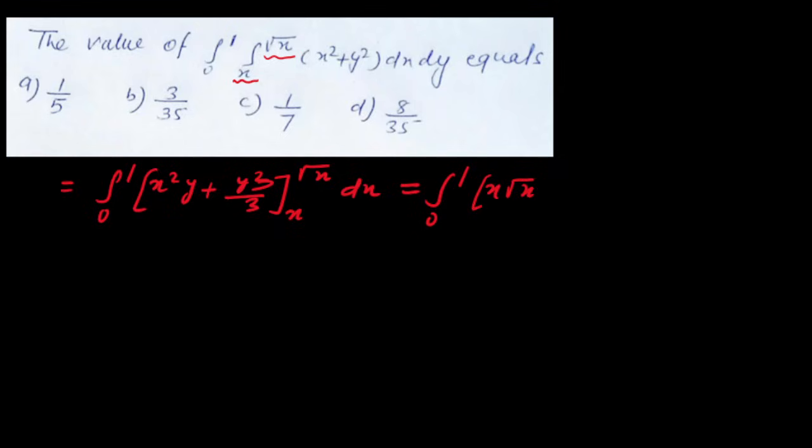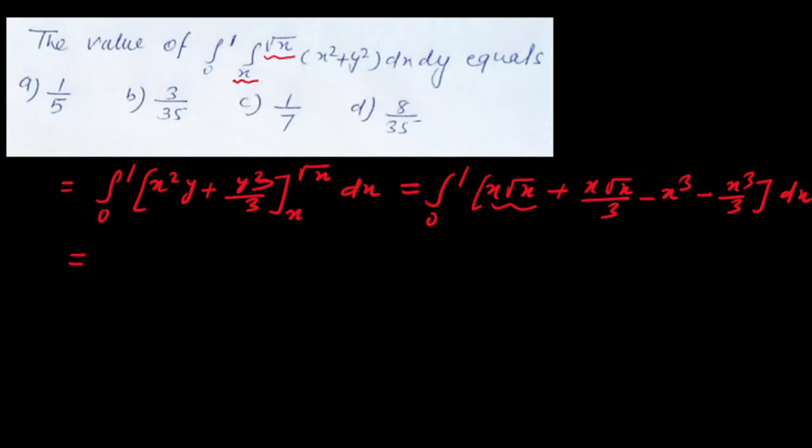So I am writing the upper limit x under root x and plus y cube by 3. If I put under root x cube by 3, that is x under root x by 3. Now the lower limit, minus, so I will get x cube and minus again x, so x cube by 3, and then dx.